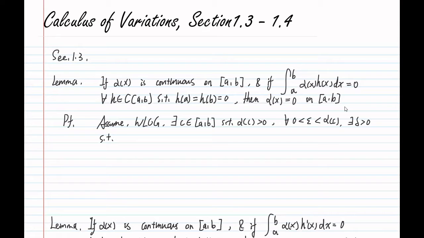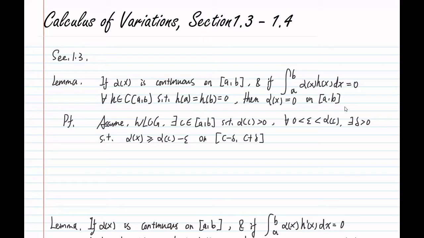So alpha(x) is greater than or equal to alpha(c) minus epsilon, which will still be positive. And I want that to happen on the interval (c minus delta, c plus delta). Of course, this has to be inside the bounds of [a,b].